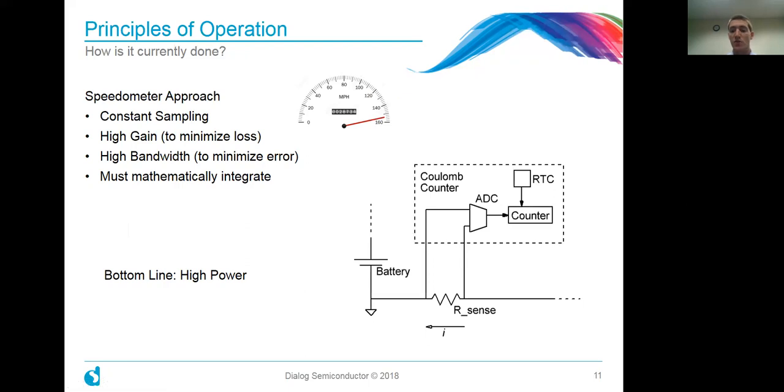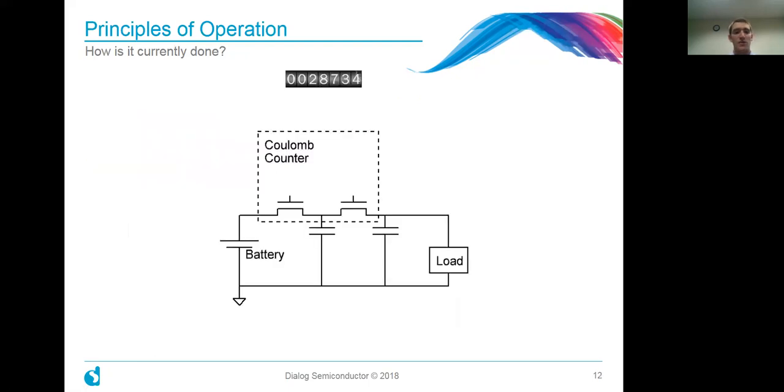Now, if your load is running at 1 or 2 milliamps, then that's going to be a significant portion of your load, where it just doesn't make a lot of sense to have this sort of Coulomb counter in a low load application. And that's why there's the other approach to Coulomb counting, which is the odometer approach.